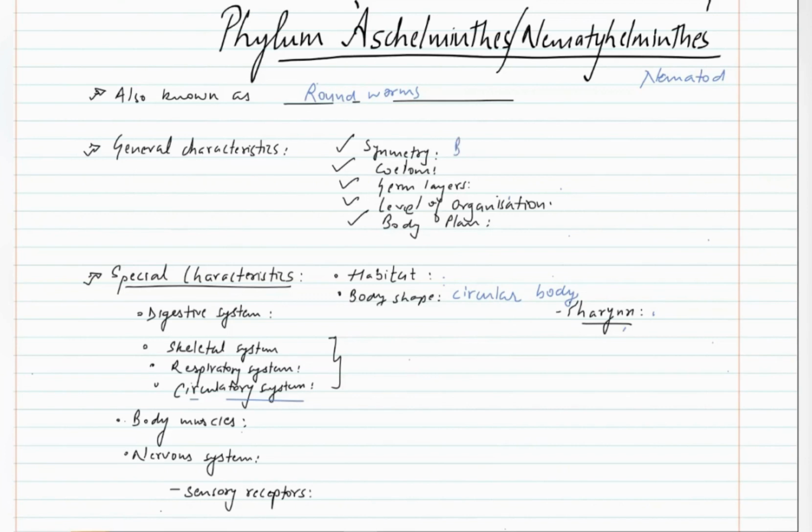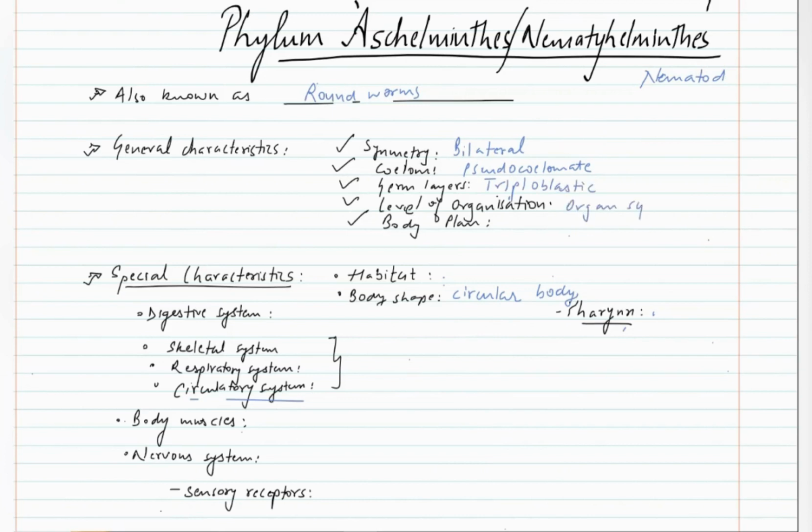Talking about general characteristics, they have a bilateral symmetry. They are pseudocoelomate, that is, a body cavity is present but it is not completely lined by mesoderm. Instead, mesoderm is present as pouches in between the body cavity. They have 3 germ layers and are hence triploblastic.